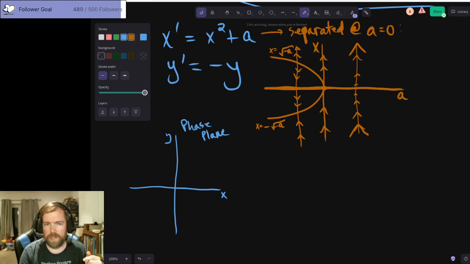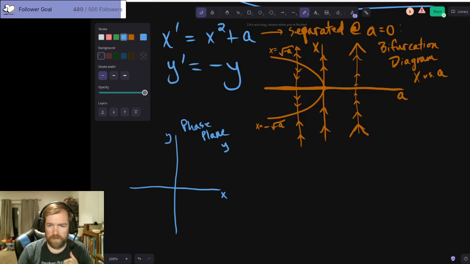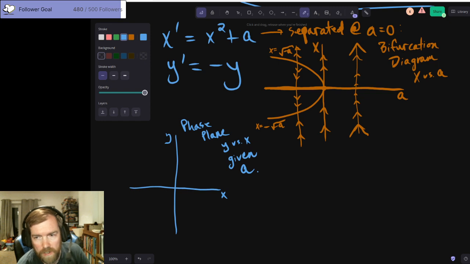Right, so this is a bifurcation diagram at the top right, for x versus a, whereas our phase plane is y versus x, given a particular a. So we'd have to choose which version of a we want to use here, and then from there discuss what's happening with the phase plane. Sure.